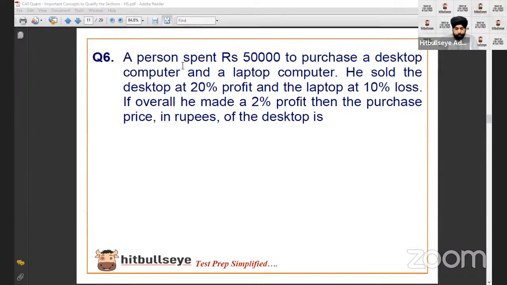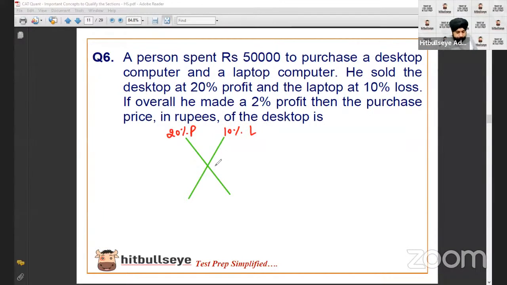Okay, I think we should solve it now. People, as one item is sold at 20% profit, other is sold at 10% loss, the best method for such questions is allegation.